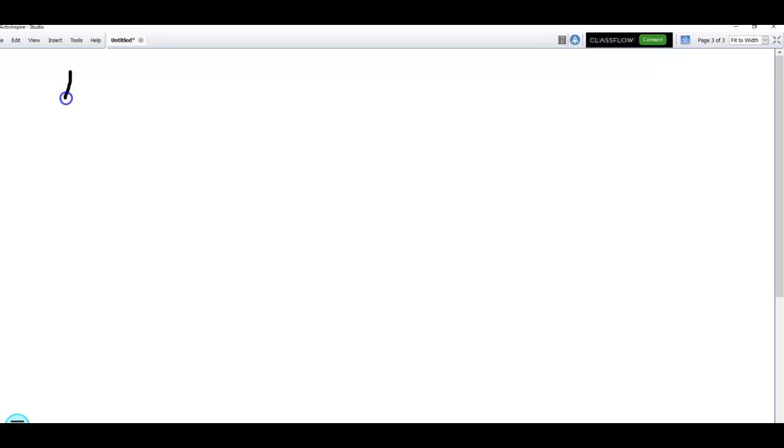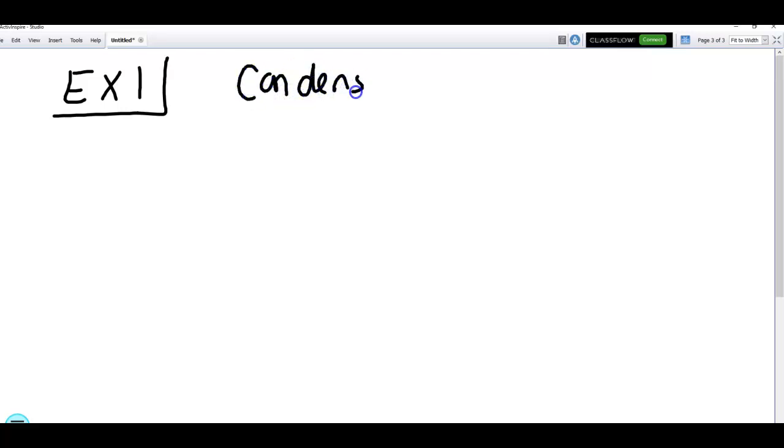So let's start off with example 1. I'll write the instructions here. The instructions say condense each expression into one logarithm.